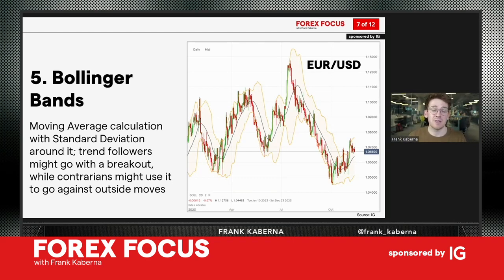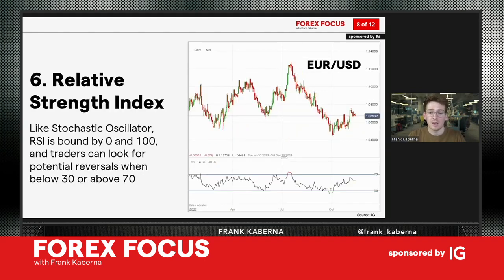If I were a trend follower, maybe I'd go with that breakout. If I was a contrarian, I would potentially go against that outside movement. So if it went below a Bollinger Band, maybe buy it. If it went above, maybe sell it. But again, it depends on if you're a trend follower or contrarian, and if Bollinger Bands line up with your strategy.